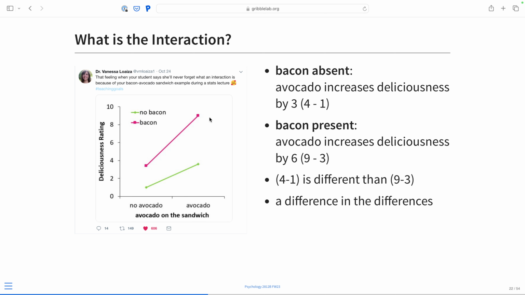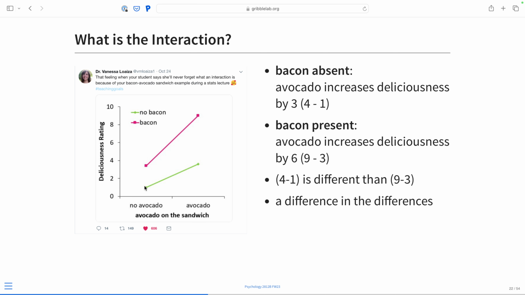But if bacon is absent in green, then avocado increases deliciousness by 3. You go from 1 up to 4. So 1 to 4 is an increase of 3. When bacon is present, avocado increases deliciousness by 6, by double. You go from 3 up to 9. That's a difference of 6.